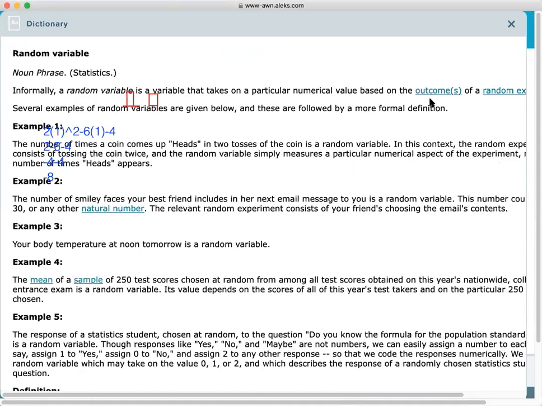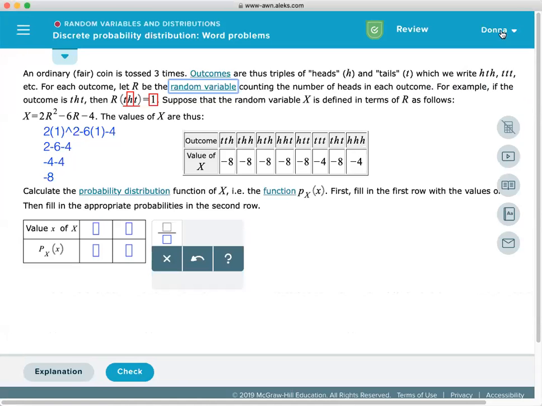So the random experiment is tossing a coin 3 times, and the random variable is the number of heads you get. Hence, that's why it's called a random variable, a number associated with an experiment. So 1 is the number associated with the experiment of tossing a coin 3 times and counting the number of heads you get. So in this part here, they're really just asking us to fill in the values.